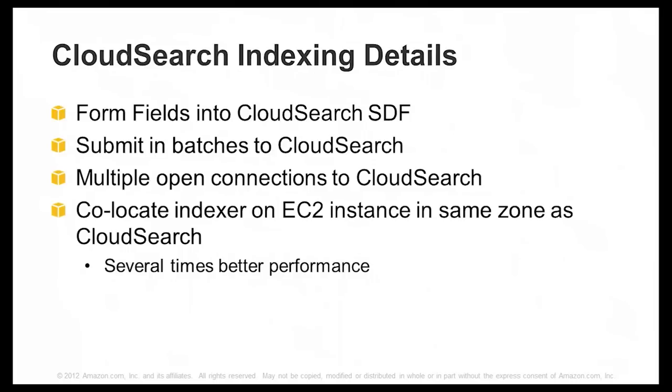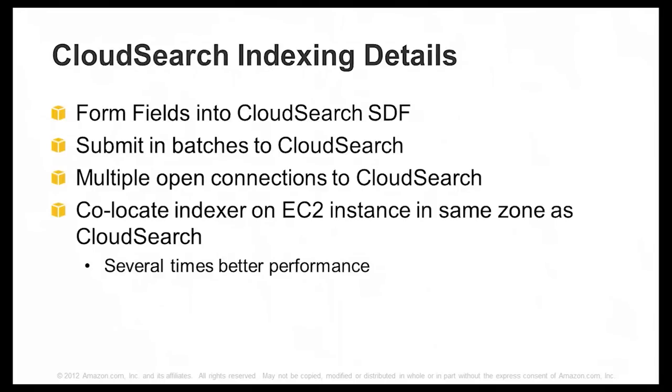And then finally, put your indexer in the same region as CloudSearch. Not just the same zone, the same region. If your indexer is on an EC2 instance in the same region as CloudSearch, then you get many times better performance. We were surprised. We had this running just on my laptop, and we were getting about 50 documents per second.